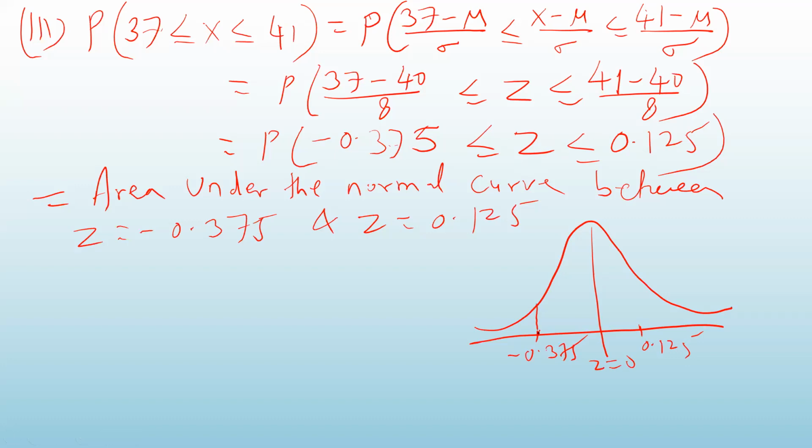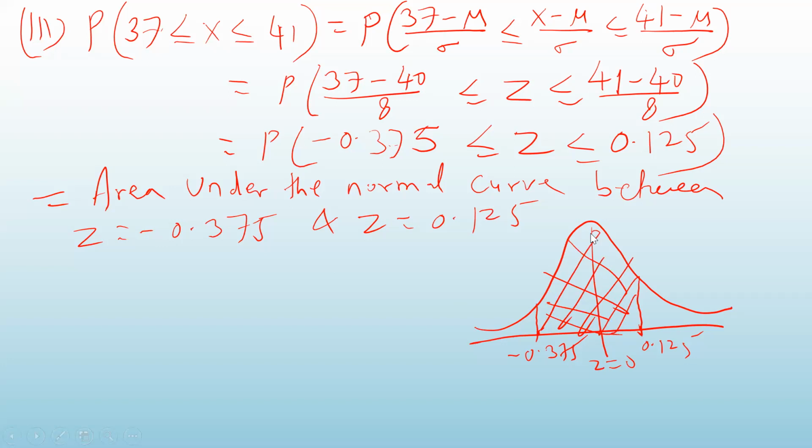That means what area do I want? I want this entire area. That means the area under the normal curve between z equal to minus 0.375 and z equal to 0.125.